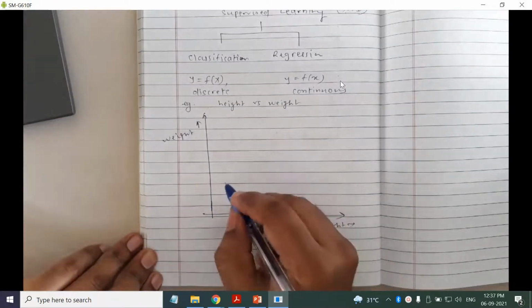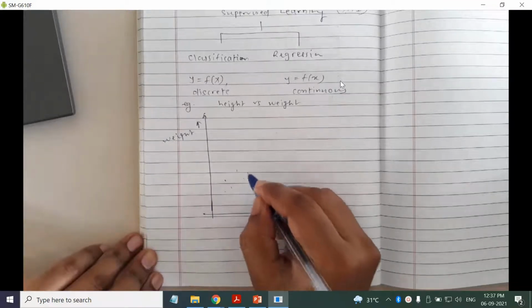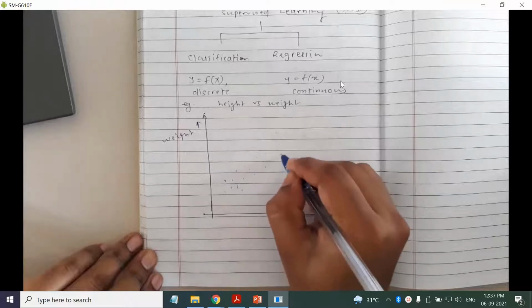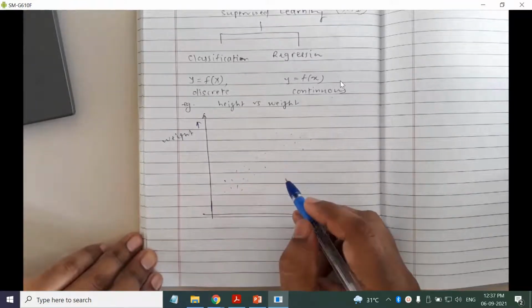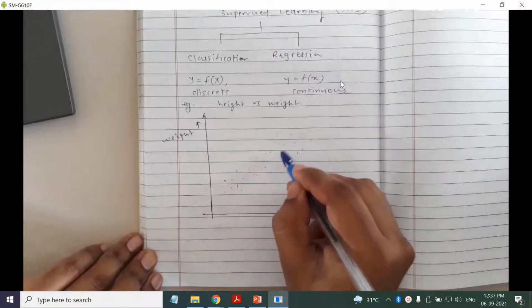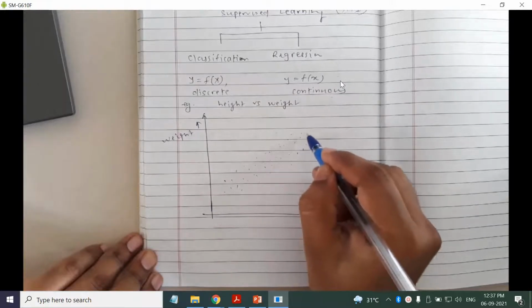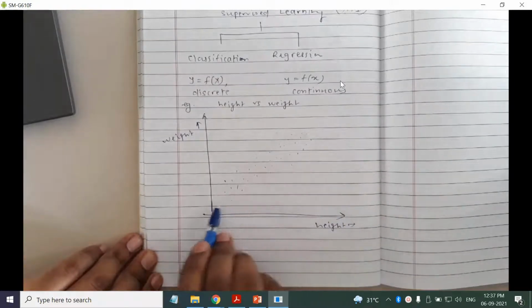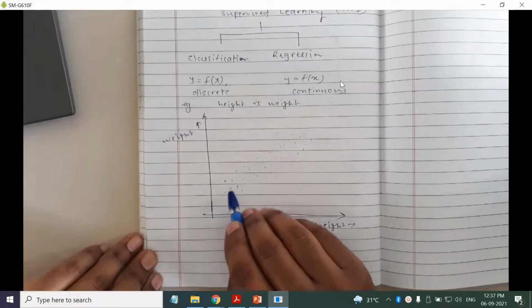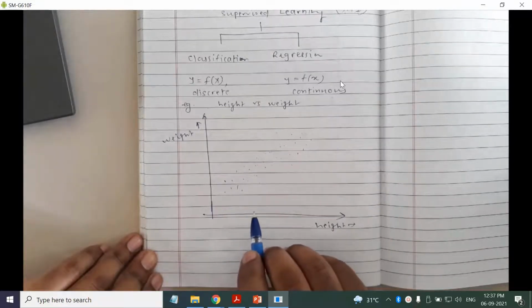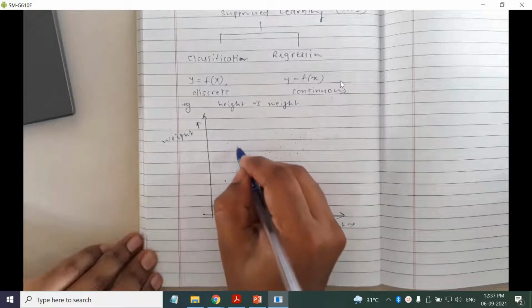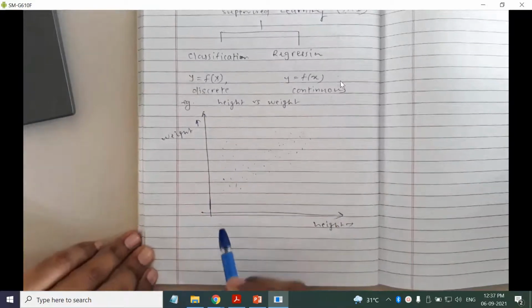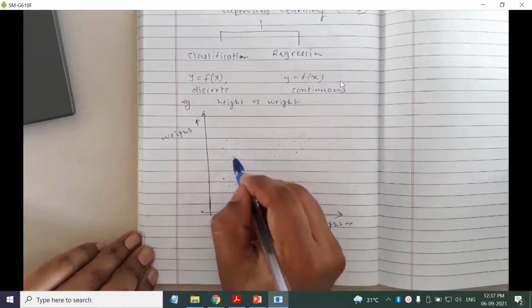So consider I have collected data of 1000 people, so my data will exhibit this property. With the increase in height, there is an increase in weight. Now we may have some people in this region. Now just think over these samples.